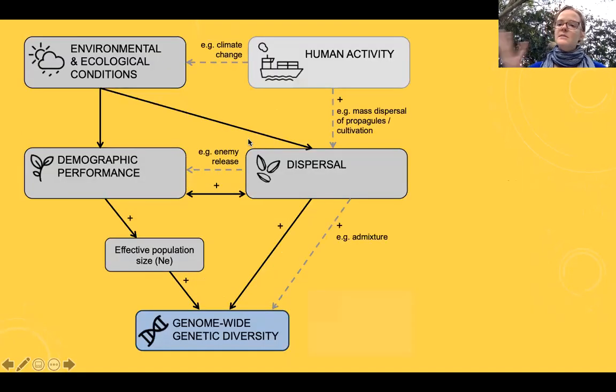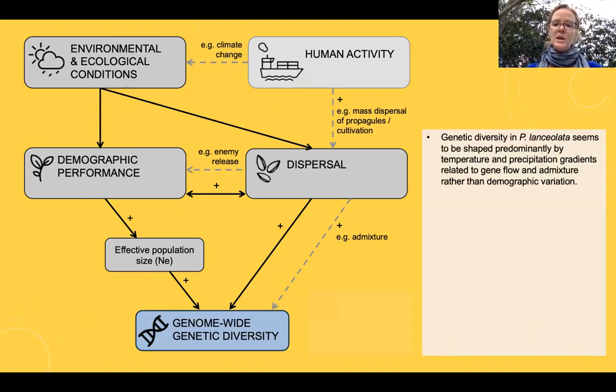So then, thinking about all those hypotheses back in terms of the diagram we started with, our conceptual framework, we found that genetic diversity in Plantago lanceolata seems to be shaped predominantly by temperature and precipitation gradients related to gene flow and admixture rather than demographic performance.